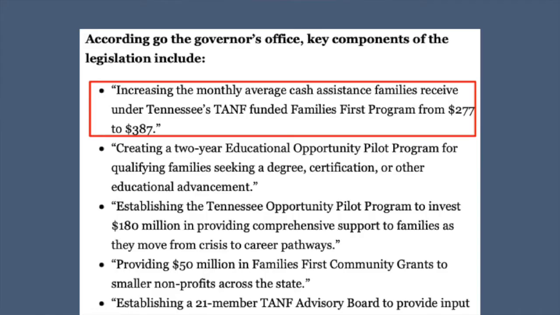But part of what this TANF Opportunity Act did was increase the amount for a family of 3 from $277 to $387 a month, which is an increase of $110 a month. Now, that's great because for a long time, it was stuck for about 13 years, and it increased in 2020, and now we have another increase in 2021.